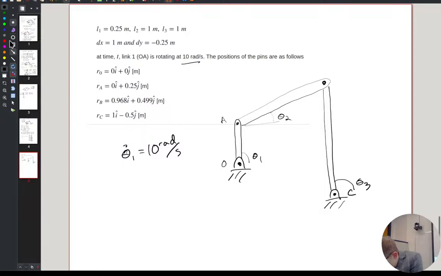And let's draw in our vectors again. Actually, let's use a different color for that. We'll go blue.